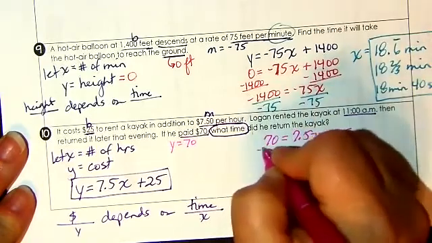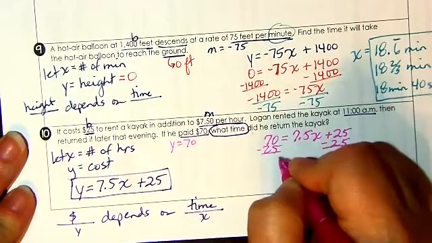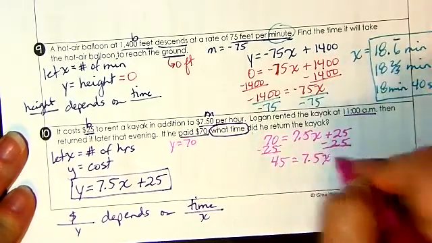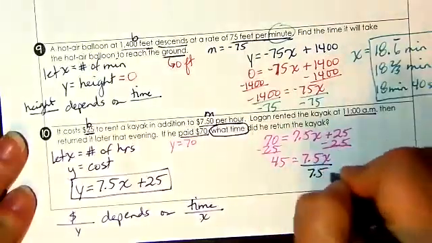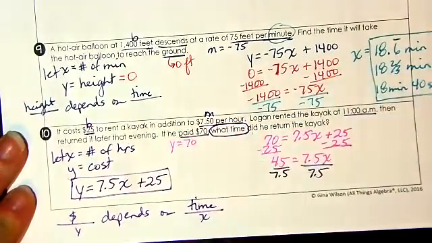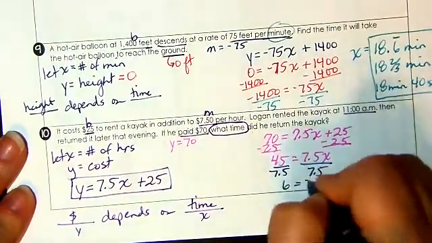Subtract 25 from each side. And we get 45 equals 7.5x. Divide by 7.5. And I punch that into the handy-dandy calculator, and we get that 6 equals x.